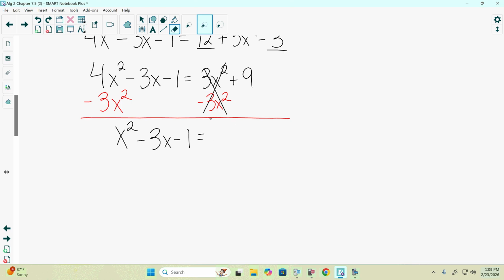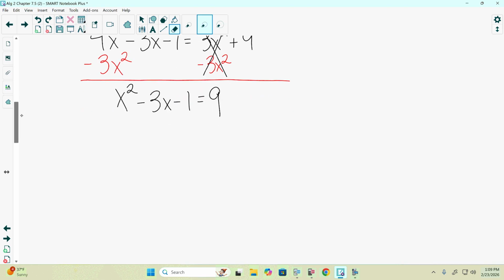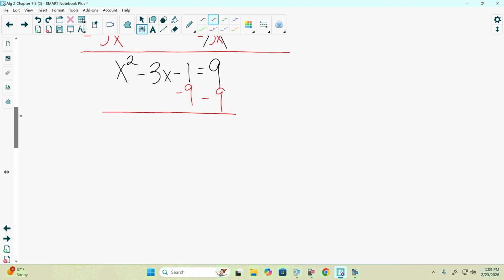The 3x squared minus 3x squared on the right-hand side will cancel out, leaving us with 9. Then we would need to subtract 9 from both sides to get this equation equal to 0, telling us that we have x squared minus 3x minus 10 is equal to 0.